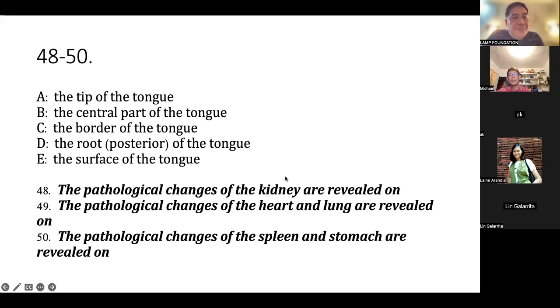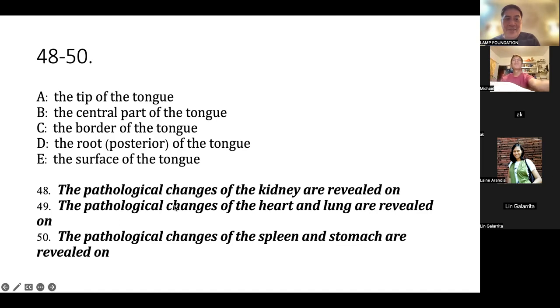Okay. Number 50, the pathological changes of the spleen and stomach are revealed on the central part of the tongue. Sa gitna po siya. Okay, what about letter C, border of the tongue? Ano yon? Pathological changes of the what? Liver. The liver. Okay, very good. And gallbladder. Okay, wala na yan.